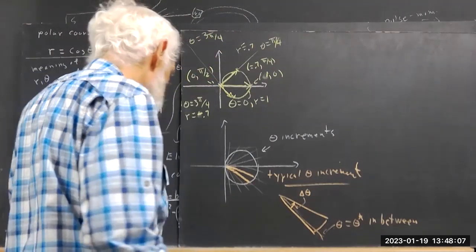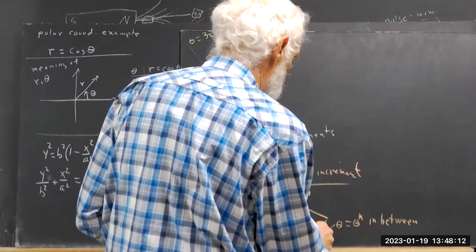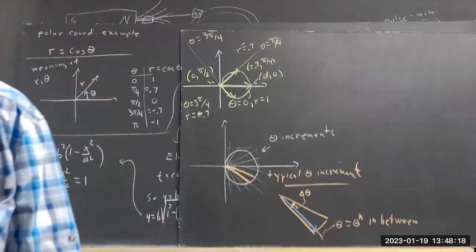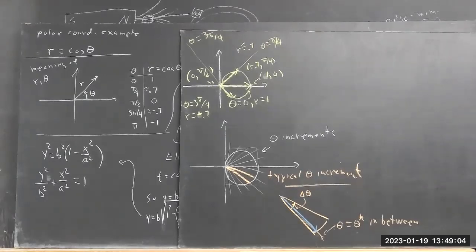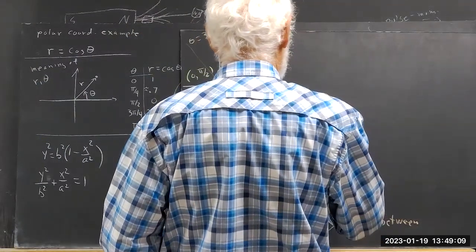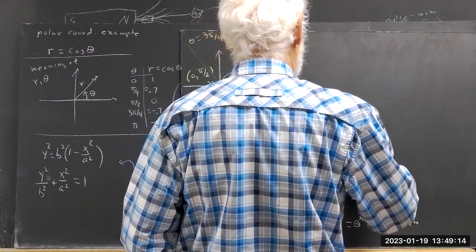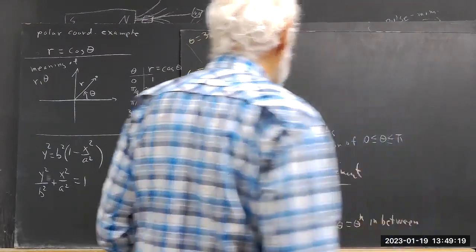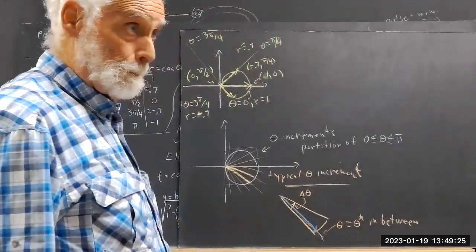Well, this distance here then has to be what? What do you think? Talk about it for 30 seconds or so. We partition the theta interval from 0 to pi.